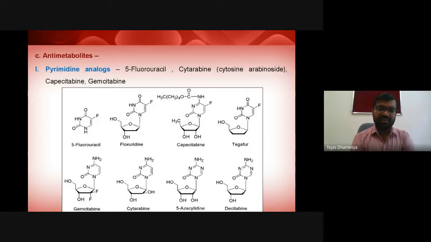So what are metabolites and what are antimetabolites? From a dictionary point of view, the meaning of anti is always opposite. Just like we know that some microorganisms such as bacteria, viruses, and fungi can cause pathogenic diseases.